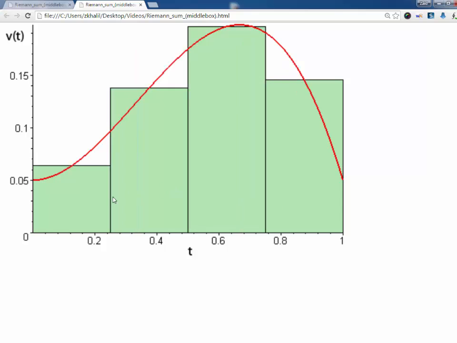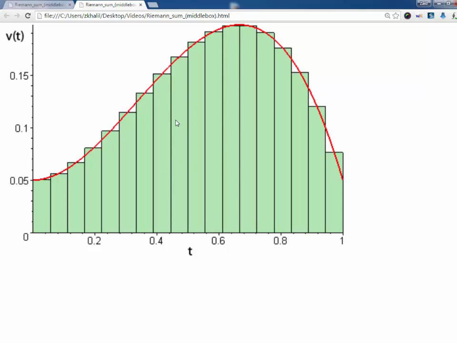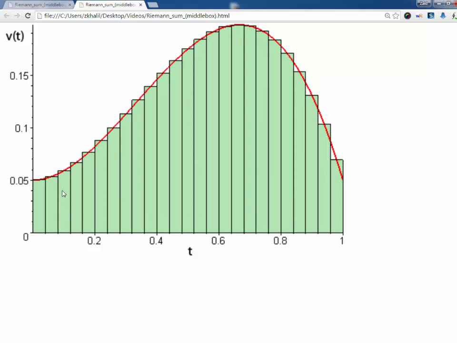I'm going to open this up. As you can see, the number of subintervals over this range is increasing. And as it increases, it becomes a more and more accurate description of what the area is under the curve. Each of these subintervals, the velocity at which it's being evaluated, is becoming more and more confined as your number of subintervals increases.